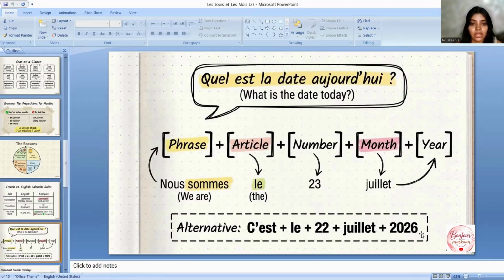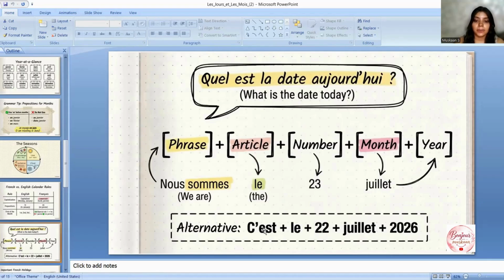Okay, so let's see once again. First, you will add a phrase. The phrase can be "nous sommes" or "c'est", then the article "le", and the number. For example, you can write today's date in the comment section, in French.